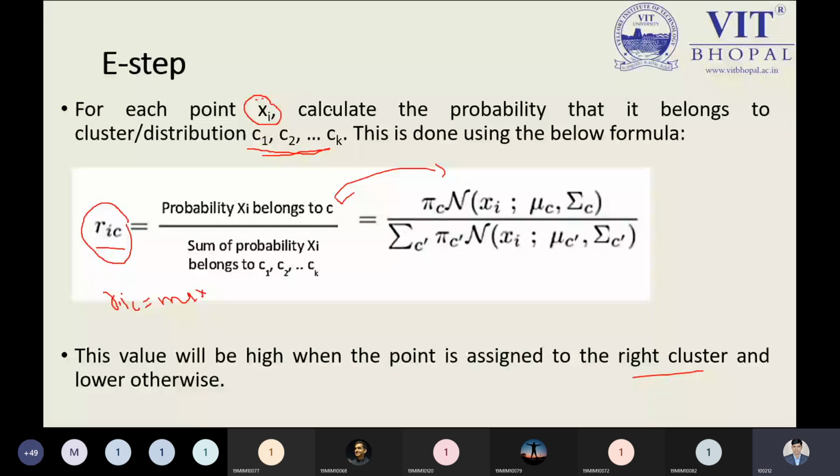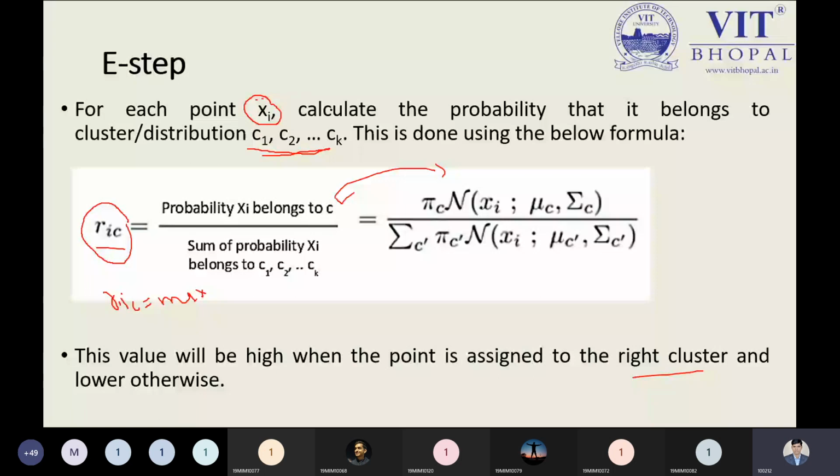We will choose some probability for each and every cluster, C1, C2, C3, C4, C5, calculated from the data point xi. From this we need to determine the right cluster toward our data point, calculated by our simple formula: the probability of xi belonging to cluster c divided by the sum of the probabilities of xi belonging to C1, C2, and so on up to the CK cluster.